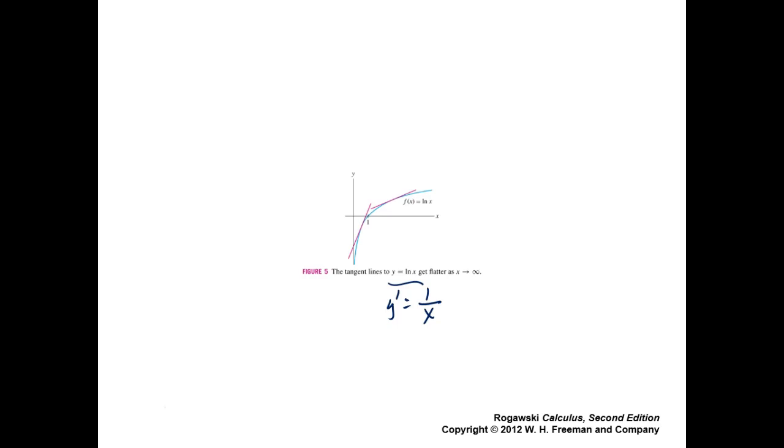But even when x is extraordinarily large, 1 over x is approaching 0, but it's never 0 and is always slightly positive. So sure enough, that is strictly an increasing function. Log x is always an increasing function. The larger the x is, the less the rate of increase, but it's always increasing.